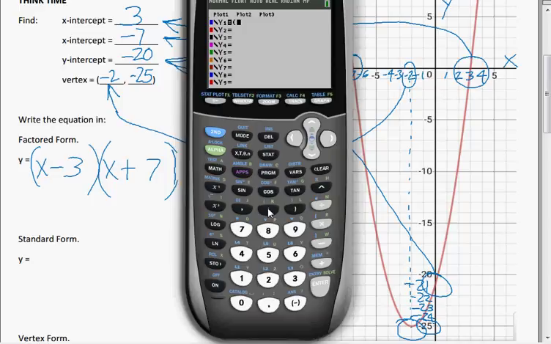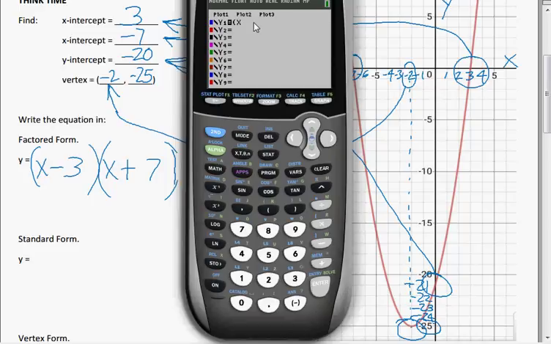So I start with my parentheses. So I push the parentheses, and then x, the x button comes up here. This is the x button where it says x, t, and has a theta and then an n. So x comes here, and you'll notice it puts an x.